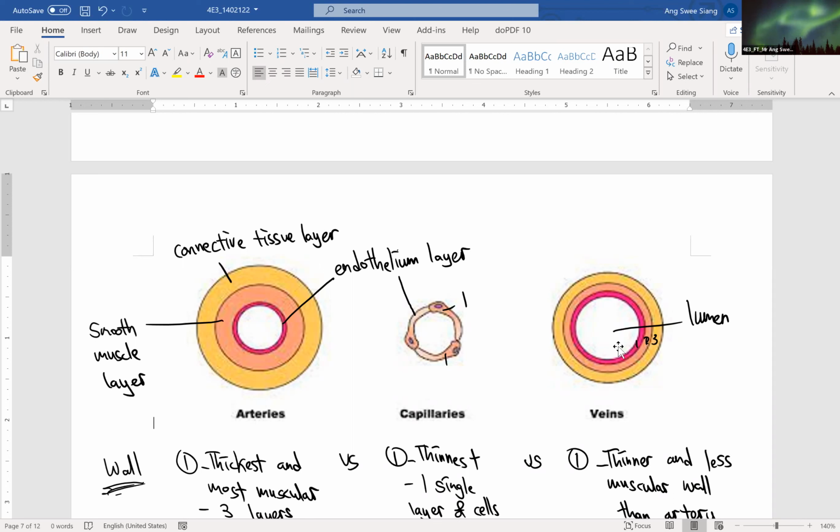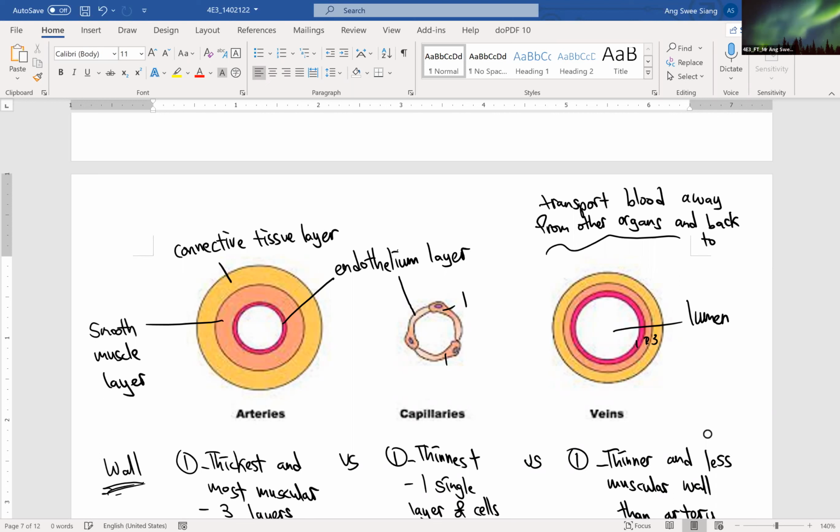Okay, so basically you need to remember, in general, the function of veins is to transport blood back to the heart, away from other organs, and back to the heart.